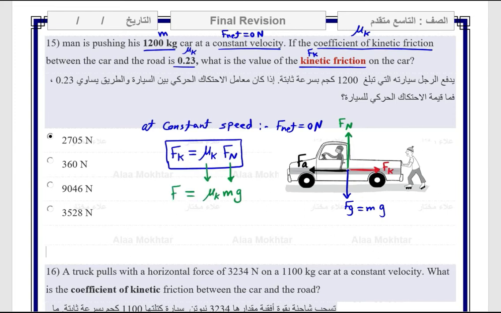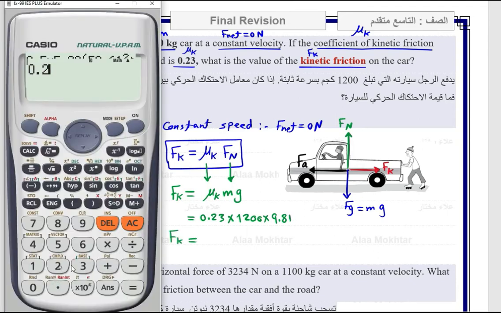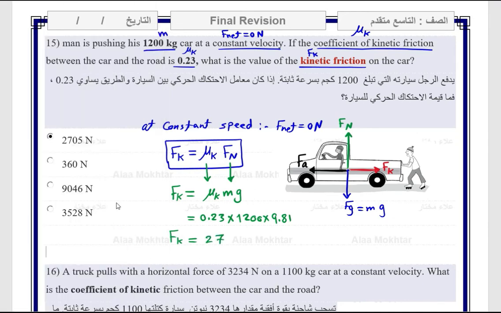Now I can calculate Fk, because mu k is 0.23, the mass is 1200, and g is 9.81 or 9.80. The answer is 0.23 times 1200 times 9.81, which is 2707 Newton. That's Fk, near to the value written in the question.